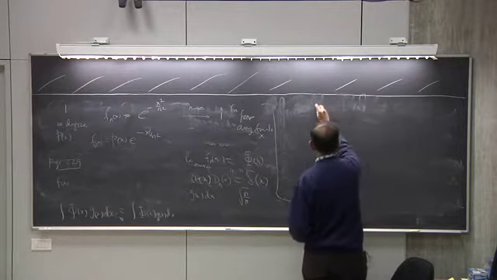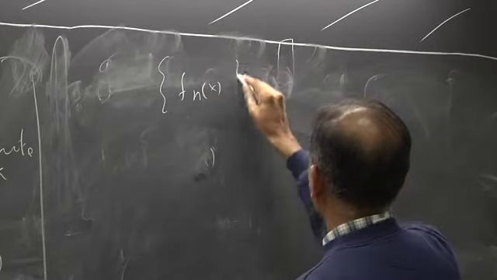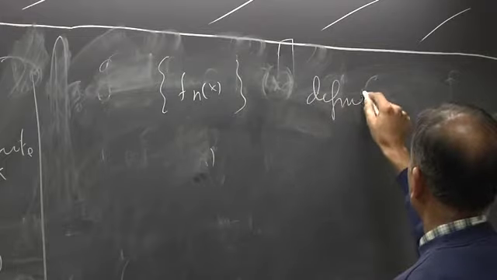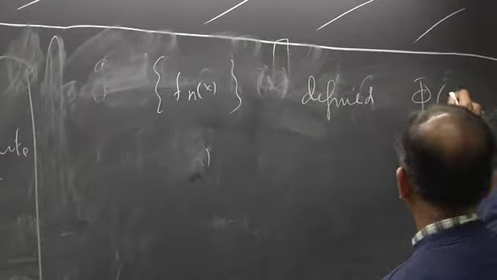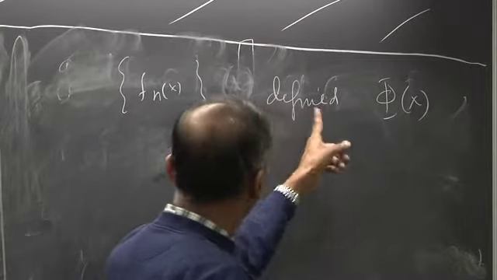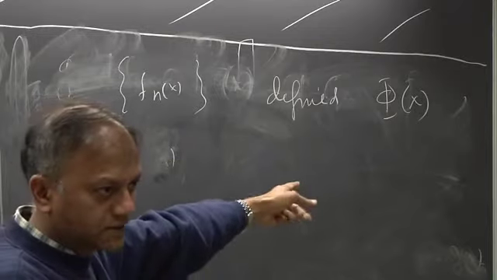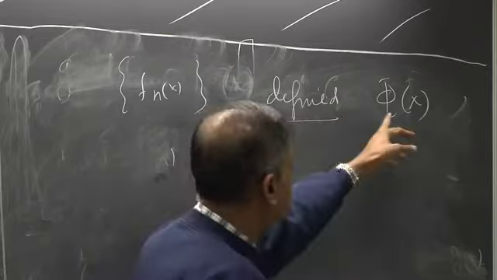So let's say I have the sequence f_n(x) which defines a generalized function phi of x. What that statement means is that the limit exists of the integrals of this f_n(x). The limit exists. That's what it means. So it will define a phi(x).